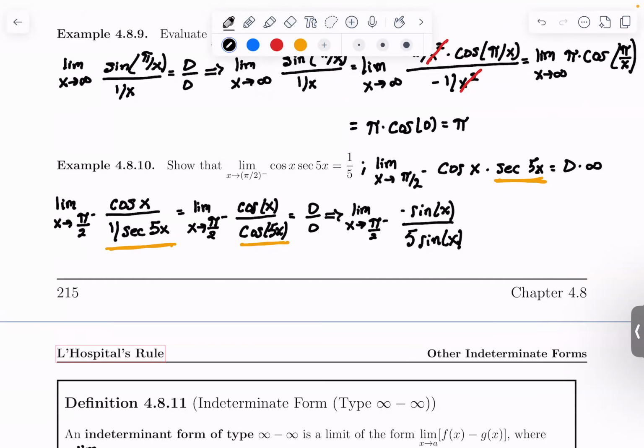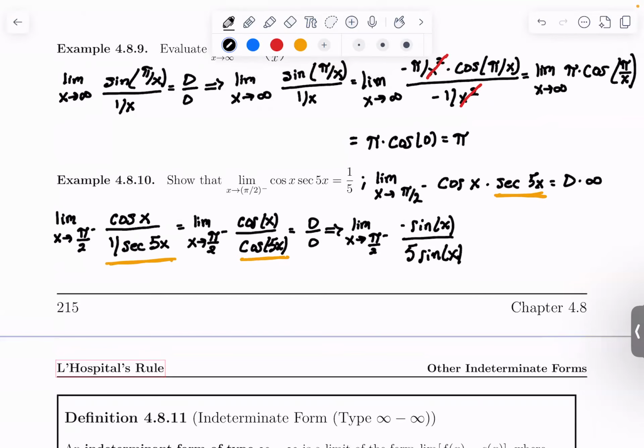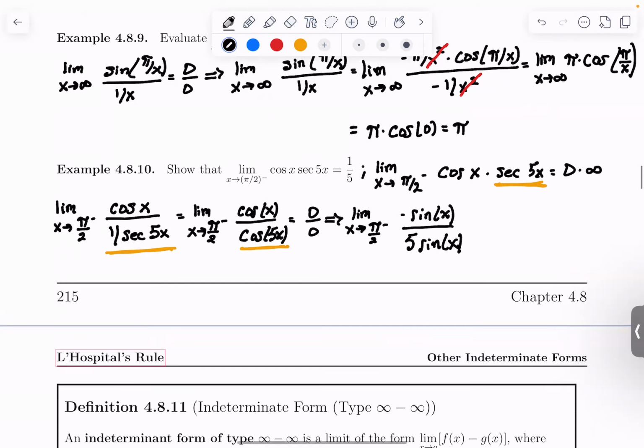Okay, so we are on example 4.8.10. Let's go to it real quick. Oh, I see where I messed up, because the derivative of cosine is minus sine. So I forgot to put the minus out there. So this becomes -1 up here whenever we plug in pi over 2.